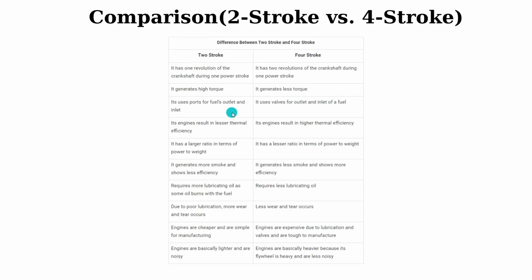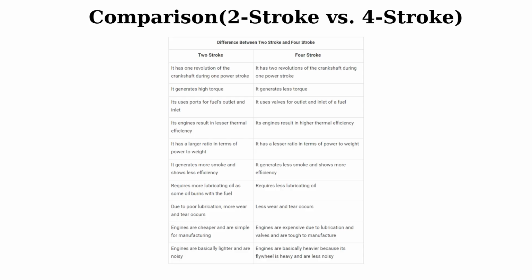Now I will talk about efficiency. Four-stroke engines are more fuel efficient. This is because the combustion process is more controlled and less fuel is wasted. But in the two-stroke, some fuel can escape from ports, especially during the intake and exhaust stroke, like I said.